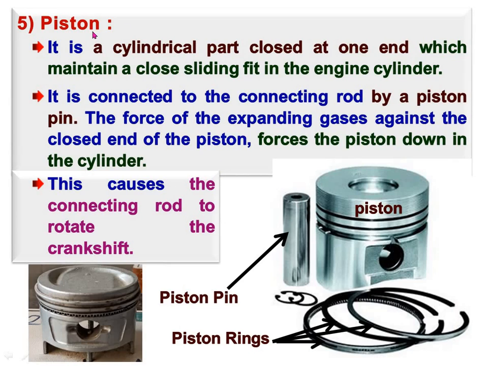Now the next part is the piston. It is a cylindrical part closed at one end, which maintains a close sliding fit in the engine cylinder. Means this piston is closed at one end, and that is called the top or crown of the piston, and this piston slides in the engine cylinder in reciprocating motion.